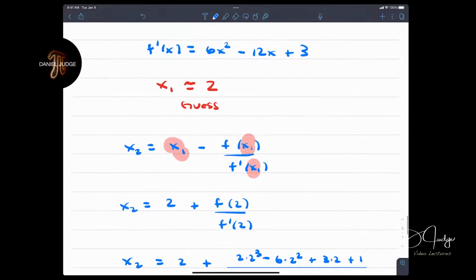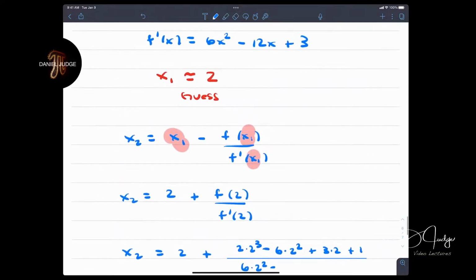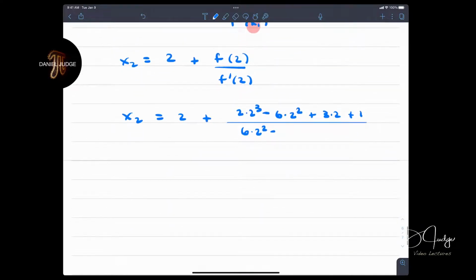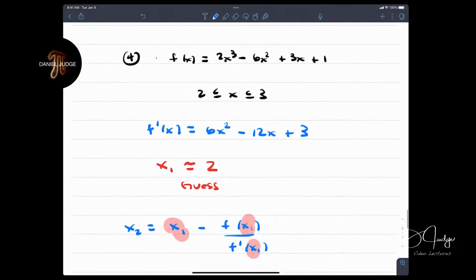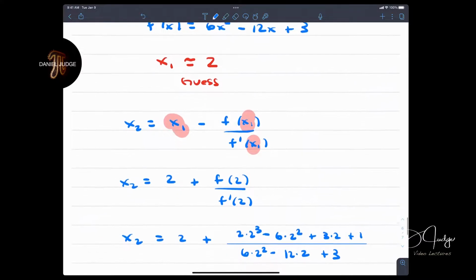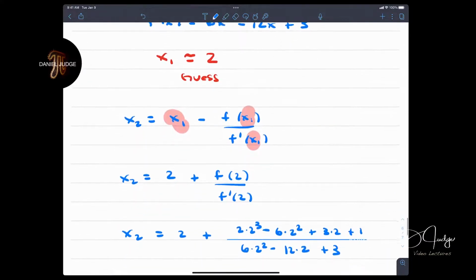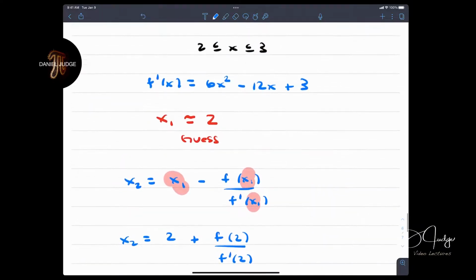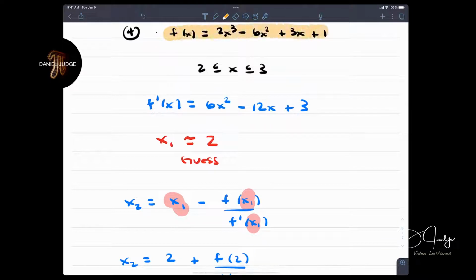The denominator, the derivative, is 6x squared, so it'll be 6 times 2 squared, minus 12 times 2, plus 3. So let's just double check here. 2x cubed minus 6x squared plus 3 times 2 plus 1. 6 times 2 squared minus 12 times 2 plus 3. So here's what we're using so you guys can see this by color.